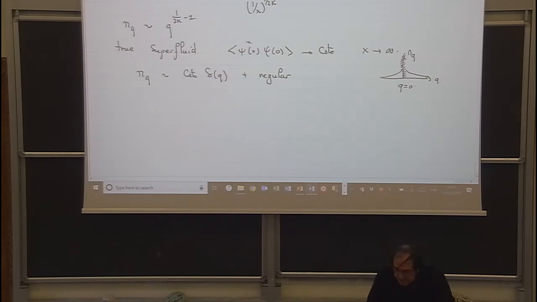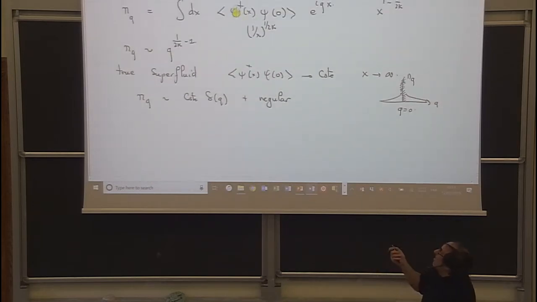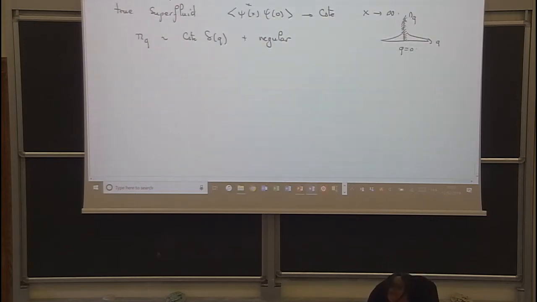Here, because it decays, I don't have this, but what I have is an n of Q, which is behaving as a power-law singularity around Q equals 0. So this is divergent as Q to the power 1 over 2k minus 1.